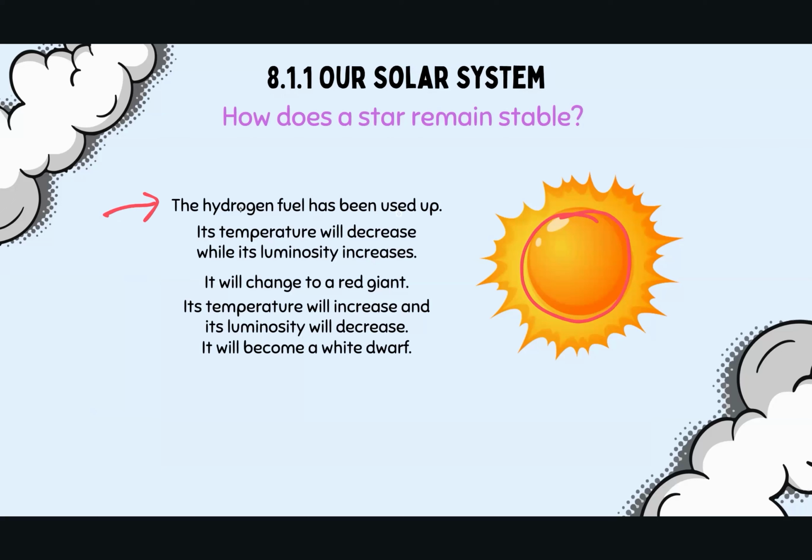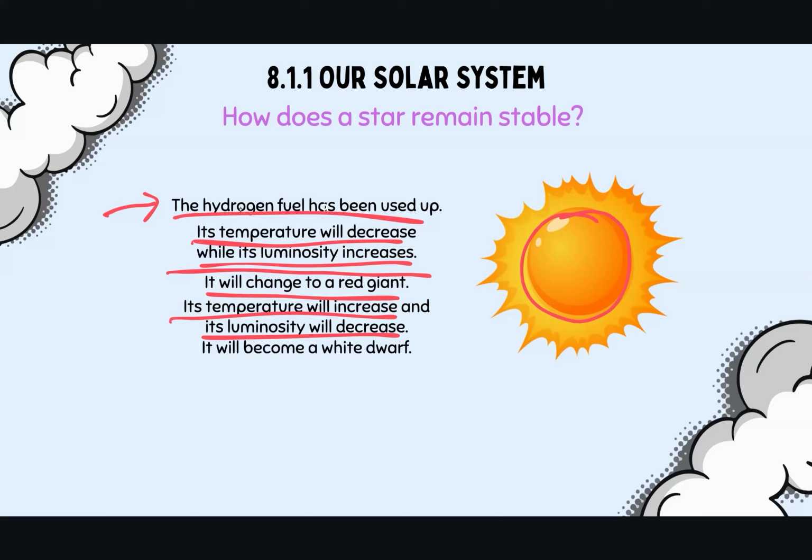As soon as the hydrogen fuel is used up, in other words, you only have heavier elements now, its temperature will decrease, but its luminosity increases. It will change to a red giant. Sorry.